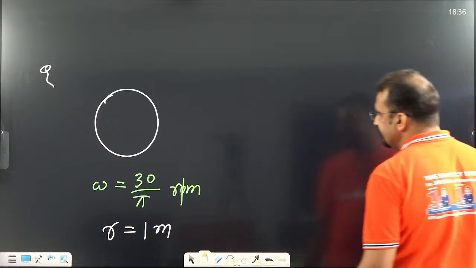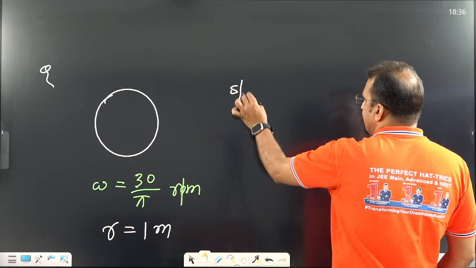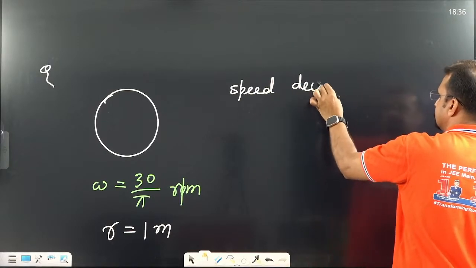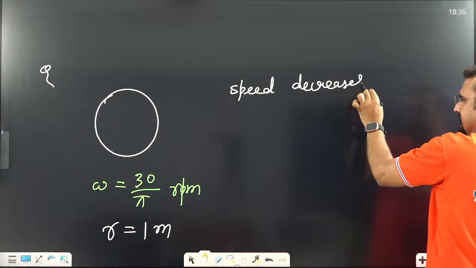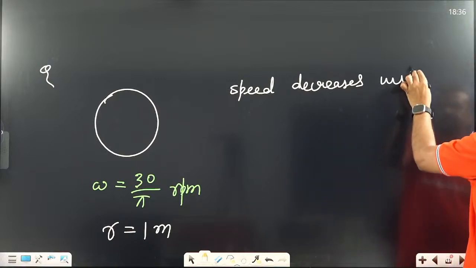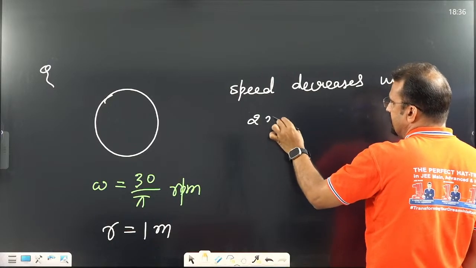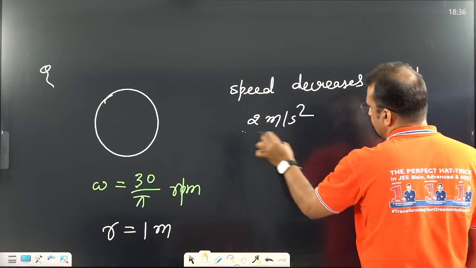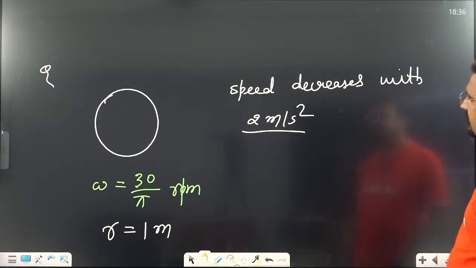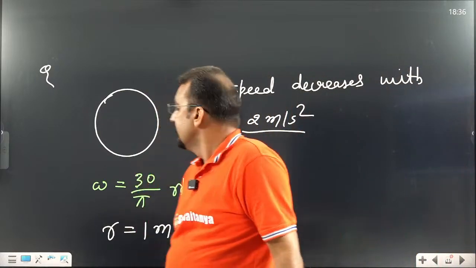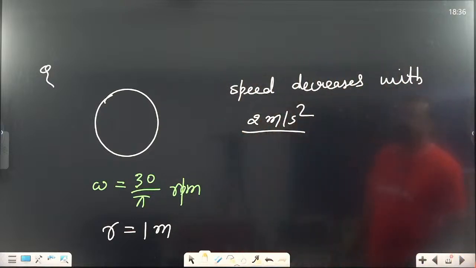Let us say it is assumed that its speed decreases at 2 meters per second square. Speed decreases at 2 meter per second square. So the rate of decrease of speed is given, radius is given, omega is given.